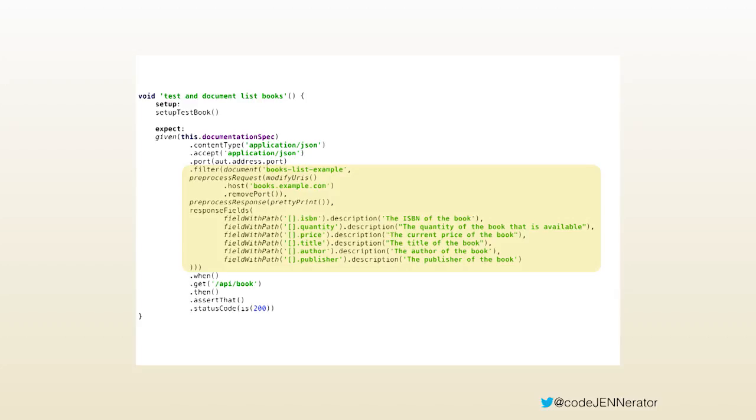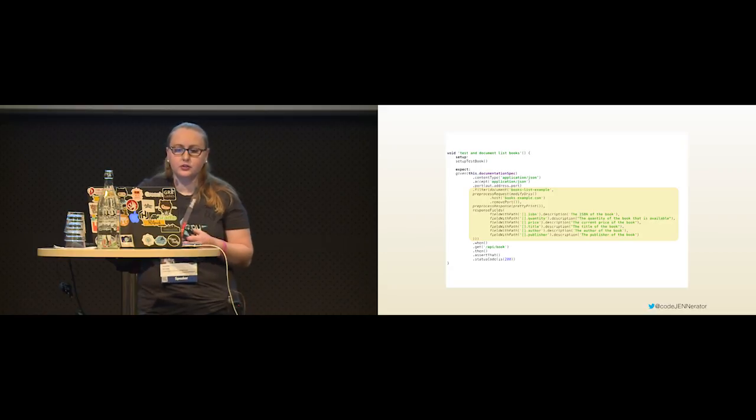You get the same data structures, you're pre-processing your requests and responses, and this is what's a little bit different with the REST Assured version: if you want to modify your URIs so that you're doing books.example.com instead of your localhost, you have to do it as part of the processing and not as part of the REST Assured configuration. Okay.